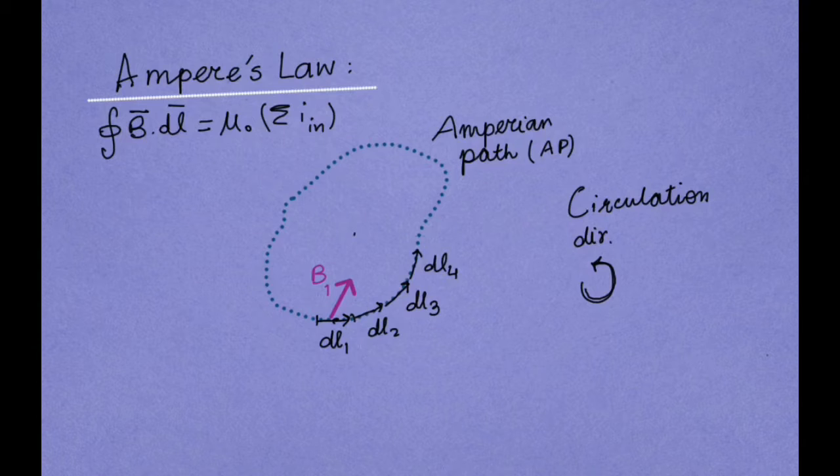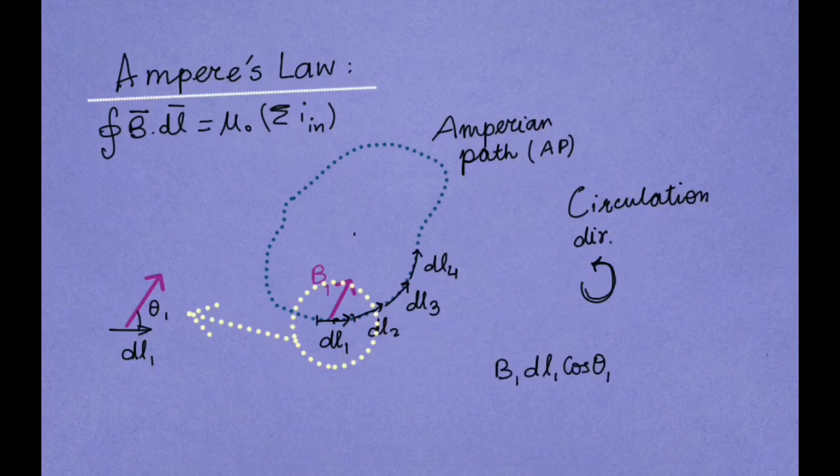So suppose the magnetic field at this position is B1. So this magnetic field is due to all currents which can produce magnetic field at this position. So B1 is the resultant of all those magnetic fields, and we have to find dot product of B1 and dl1. So suppose the angle between them is theta 1, so the dot product will be B1 dl1 cos theta 1.